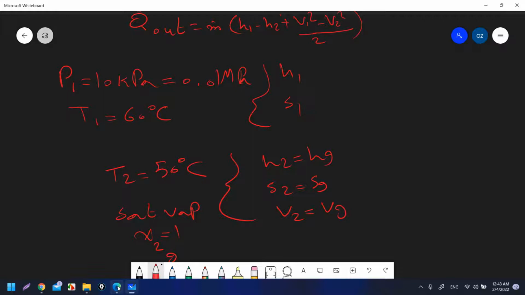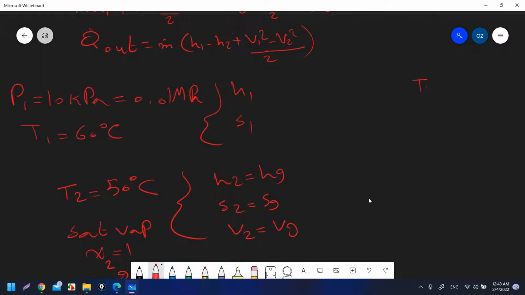So T1 is higher than Tsat, and it is 60. Of course, the higher the temperature, the more probable it is a superheated state. From table A5, the pressure table, the temperature is higher than 45.81 degrees Celsius, so it is a superheated state.